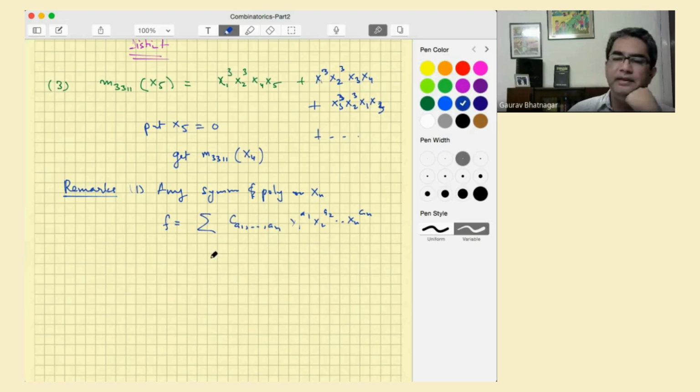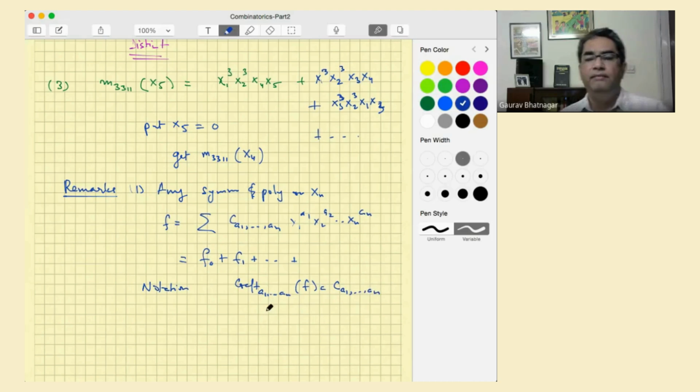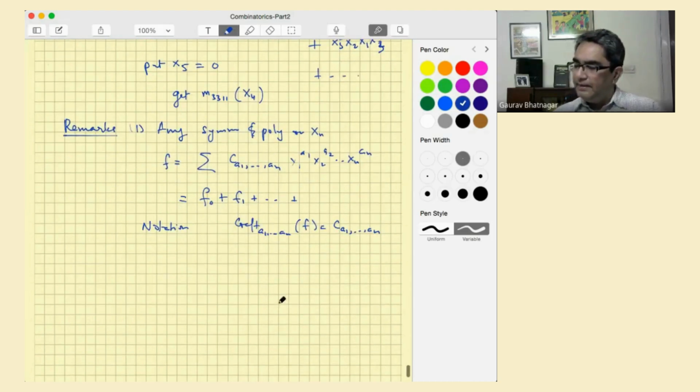And as I said, it is of this format. Take terms of this, and we use this notation: when I say coefficient of a1 to an of f, I mean this guy, C a1 up till an.